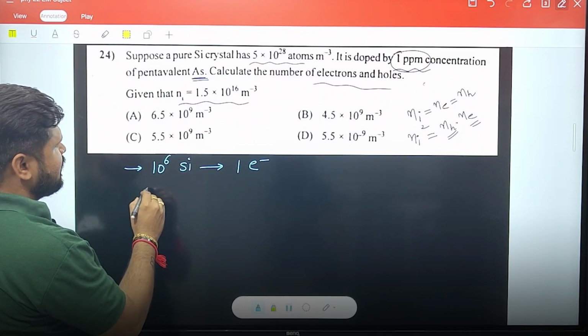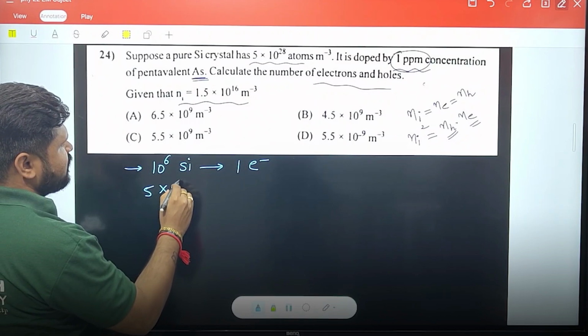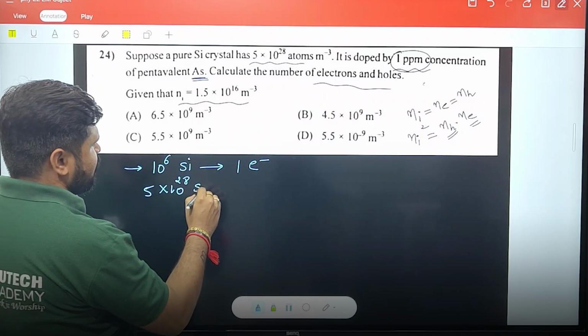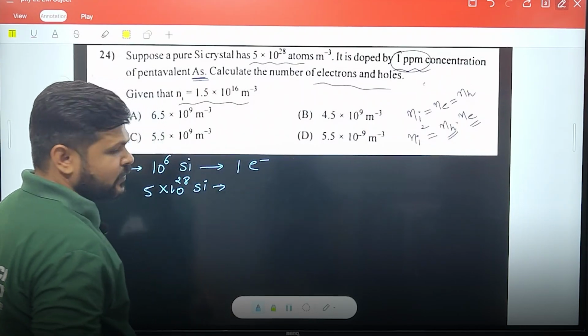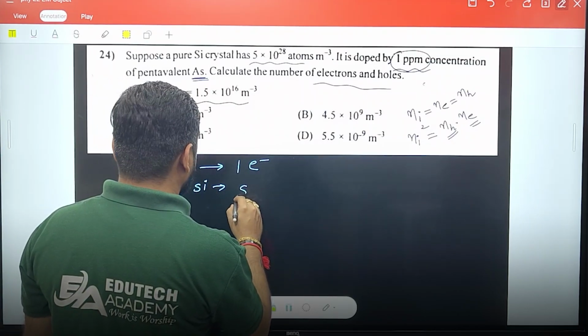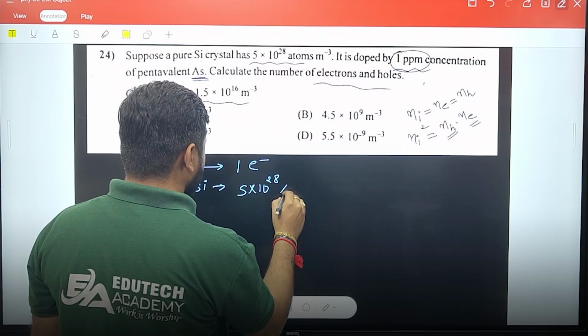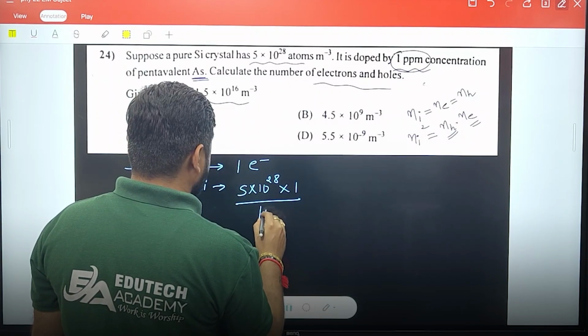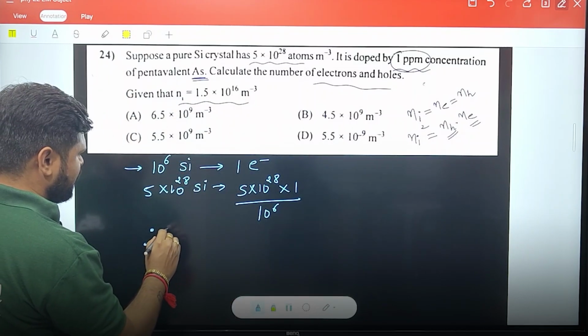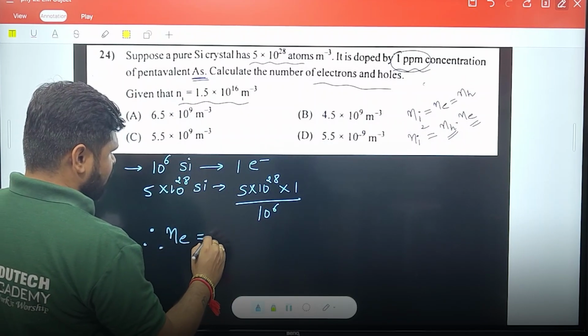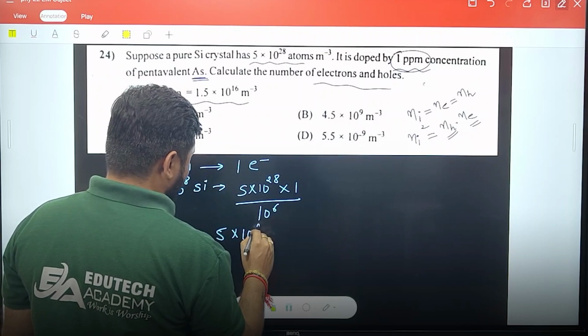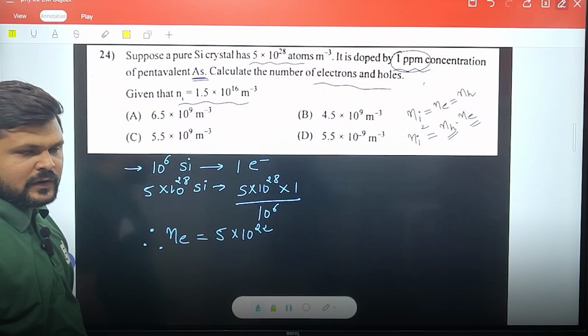But we have how many silicons? 5 into 10 raised to 28. So the number of electrons is 5 into 10 raised to 28 into 1 divided by 10 raised to 6. So the number of free electrons will be 5 into 10 raised to 22. These are the number of free electrons.